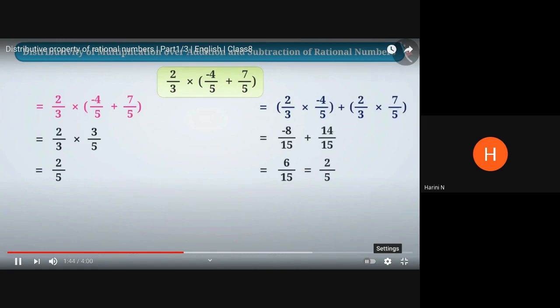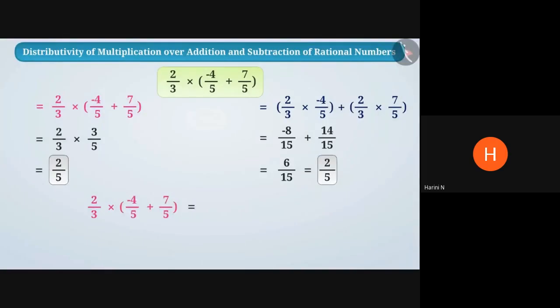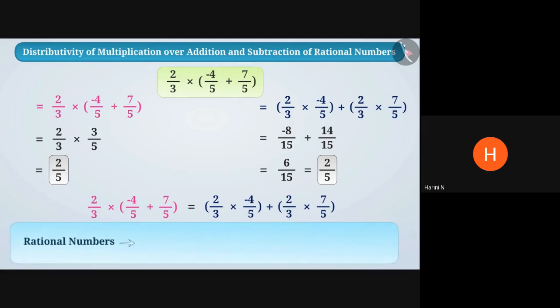So we can say that 2 by 3 multiplied by (minus 4 by 5 plus 7 by 5) is equal to 2 by 3 multiplied by minus 4 by 5 plus 2 by 3 multiplied by 7 by 5. In general, for any three rational numbers a, b, c, a multiplied by (b plus c) is equal to a multiplied by b plus a multiplied by c. This is called distributivity of multiplication over addition.